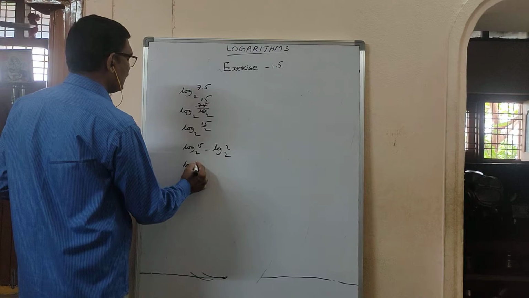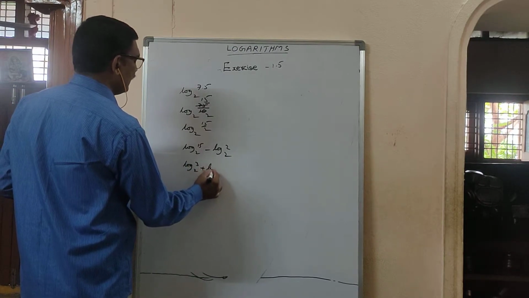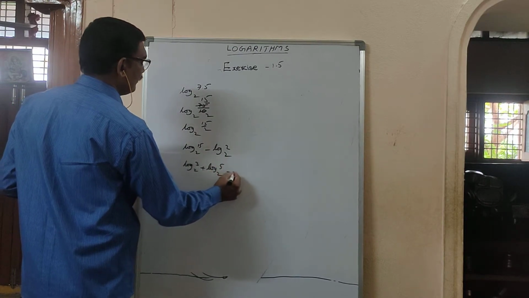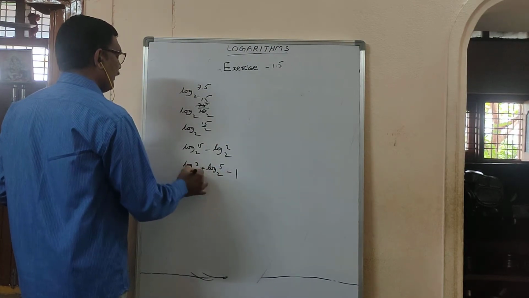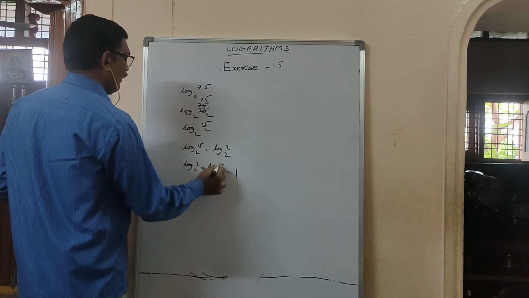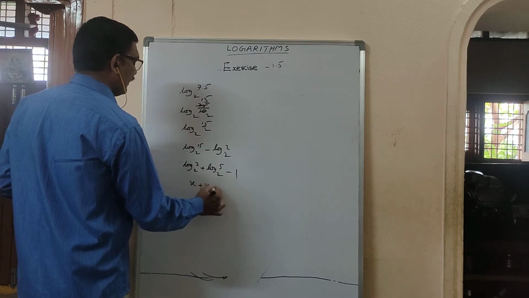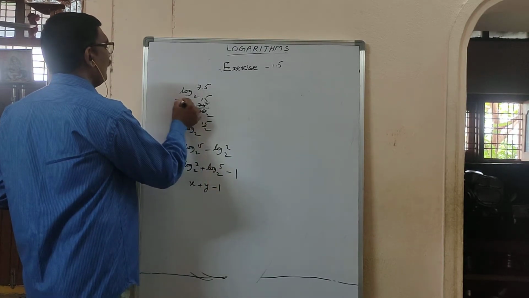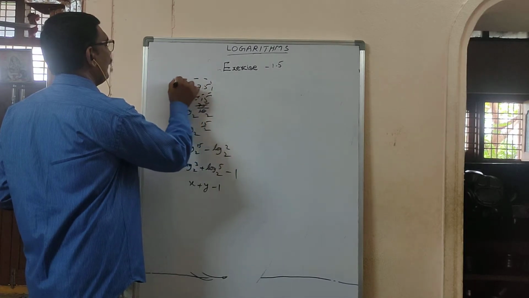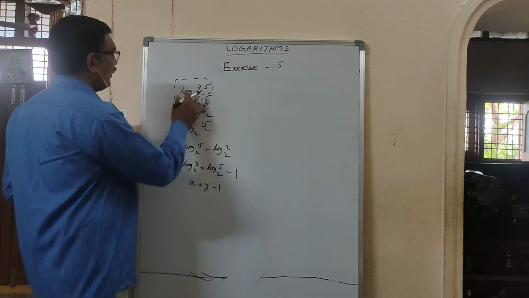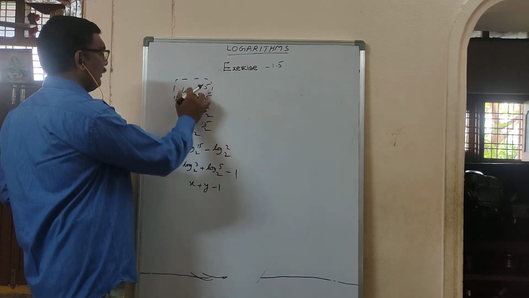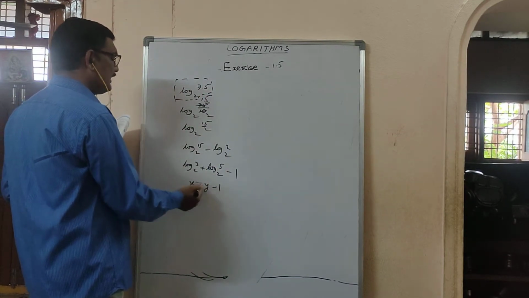You wrote as log 3 base 2 plus log 5 base 2 minus log 2 base 2. Value is what? Log 3 base 2 means what? X. What is log 5 base 2? Y. So you are expressing log 7.5 to the base 2 in terms of x and y.